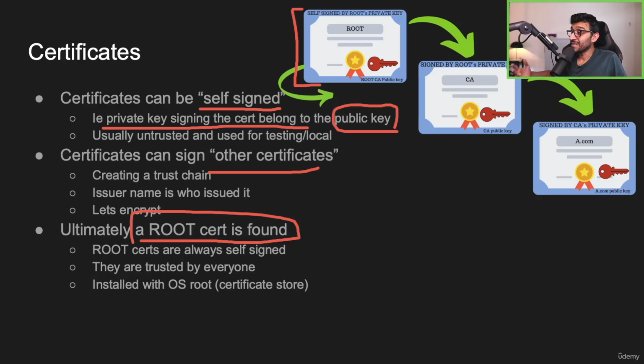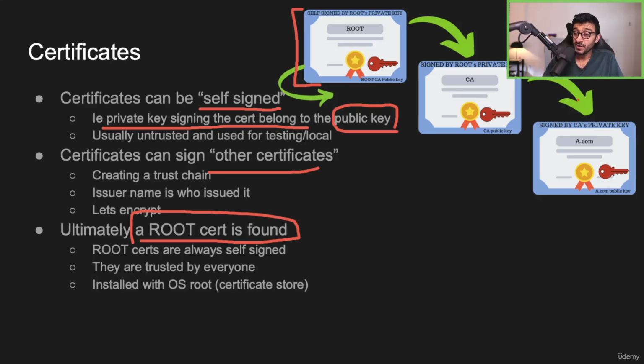And you can check them for yourself. Those are stored in your computer. When you install your operating system, it comes with something called a certificate store, which has a big list of root certificates and certificate authorities.